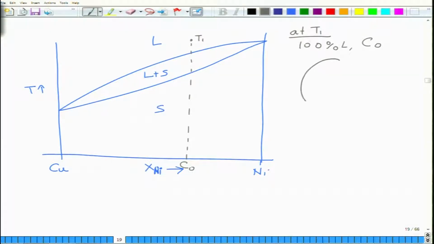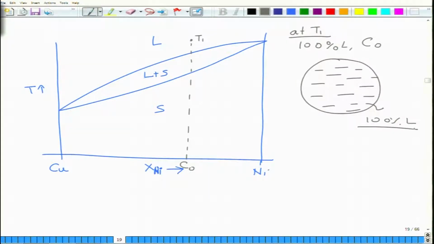So what is it going to look like? If you look at it under a microscope, for instance, you will have 100% liquid. Nothing else. You come to this point now, cross the liquidus boundary. So at T2, you start forming a little bit of solid.